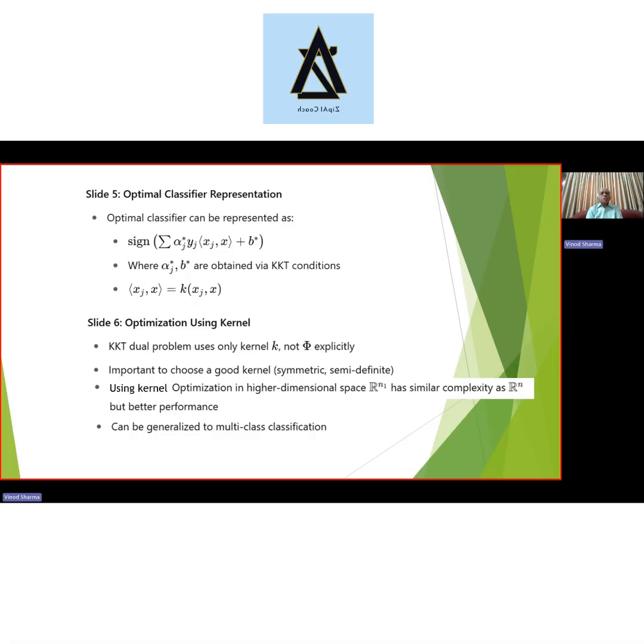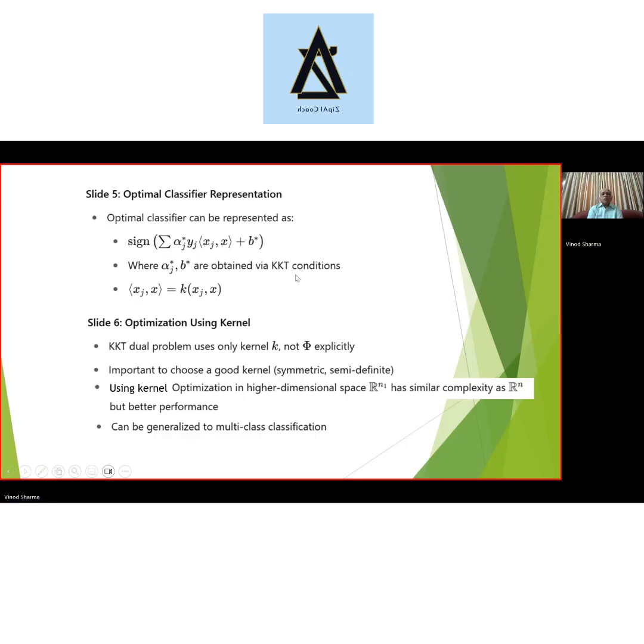The optimal solution is given by sign of sum over j of alpha j star yj times the inner product of xj and x, where xj and yj are the training data, plus b star. Alpha j star and b star are the optimal points obtained via KKT conditions, in fact, by solving the dual problem.